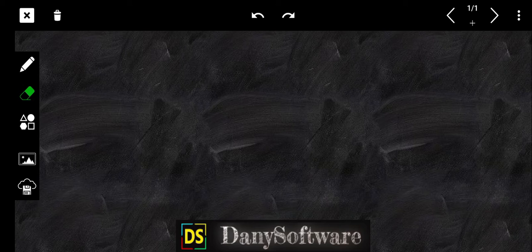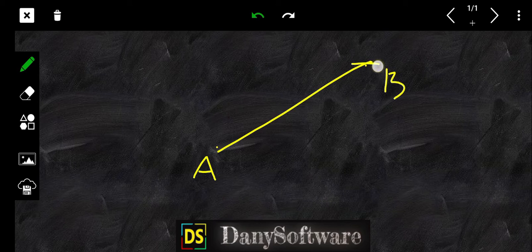If such a vector connects 2 points, like A and B, like this, we can call this vector AB with a little arrow over it. That's one way to represent a vector.